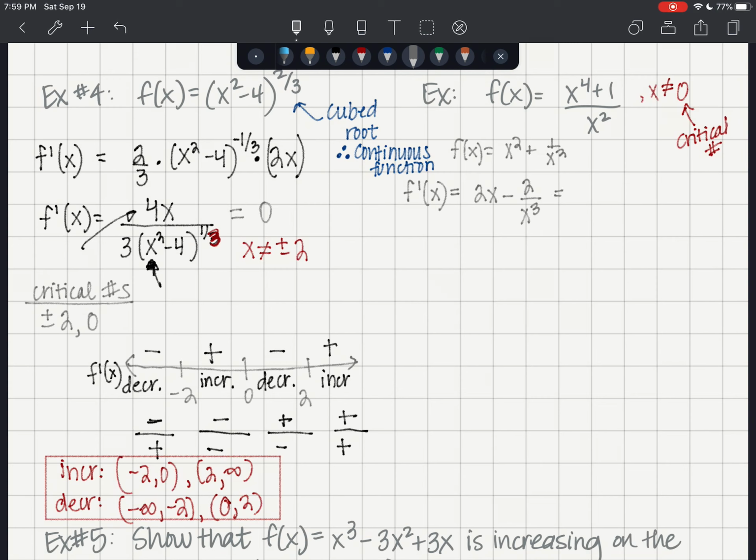If I got a common denominator, that would be 2x to the fourth minus 2 all over x cubed. And the book might even go a step further as to saying 2 times the quantity x fourth minus 1 over x cubed.